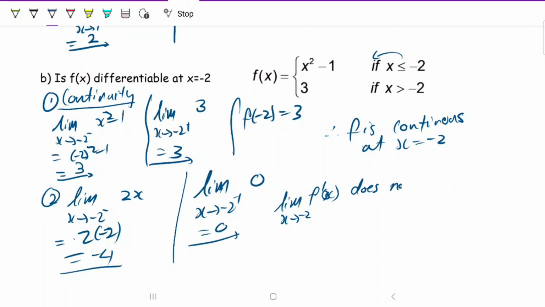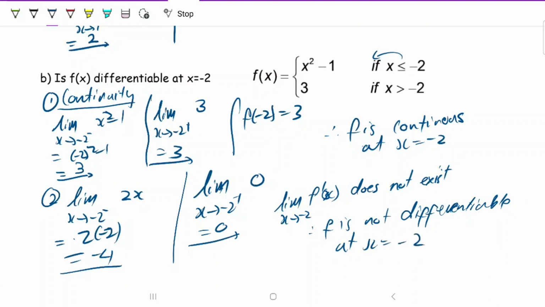If this does not exist, then the function cannot be differentiable there. That's the difference between these two questions. So we say that f is not differentiable at x equals negative 2. Make sure that you are able to do all of that.